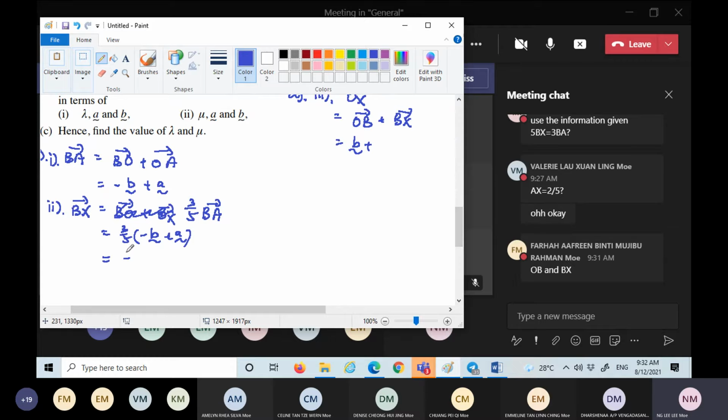So it's negative 3 over 5 B and then positive 3 over 5 A. So BX is negative 3 over 5 B plus 3 over 5 A. So this is 1 minus 3 over 5, 5 minus 3, 2 over 5 B and then 3 over 5 A. So part 3 is done.